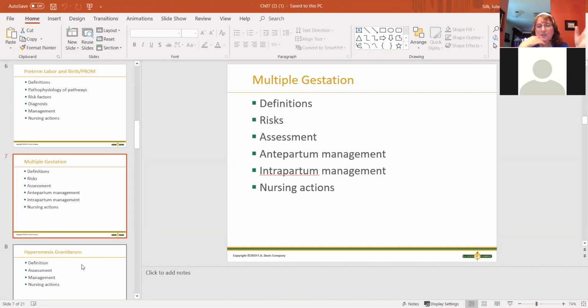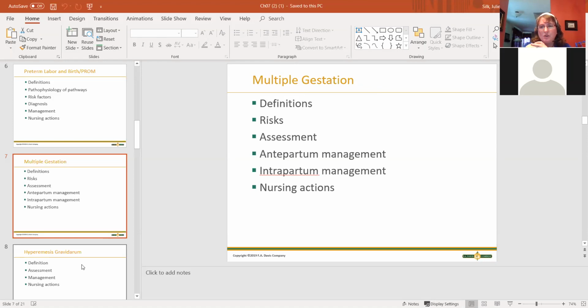Okay, so with assessment, when you're assessing someone that has multiple babies, some of the things that you would see, of course, would be an increase in fundal height and size, increased cardiac output. If you were doing testing, you would see an increased HCG and alpha fetoprotein level. And there's a lot more things as well. With antepartum management, we want to possibly do genetic testing for anomalies.